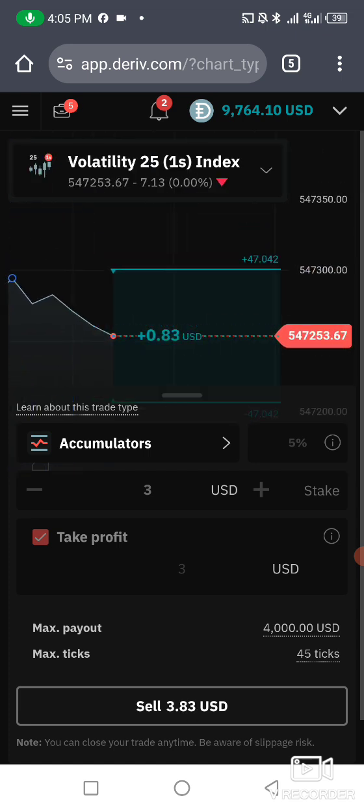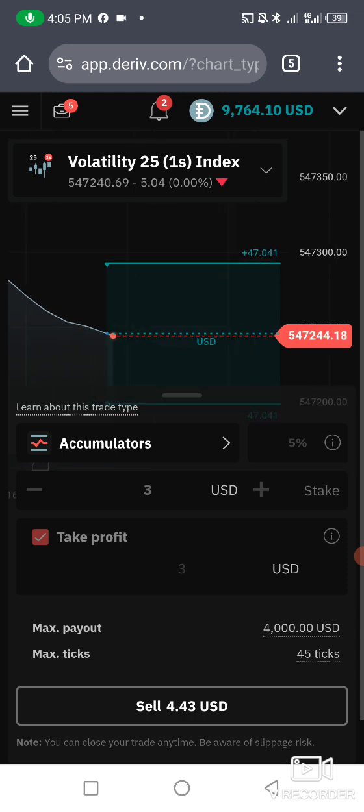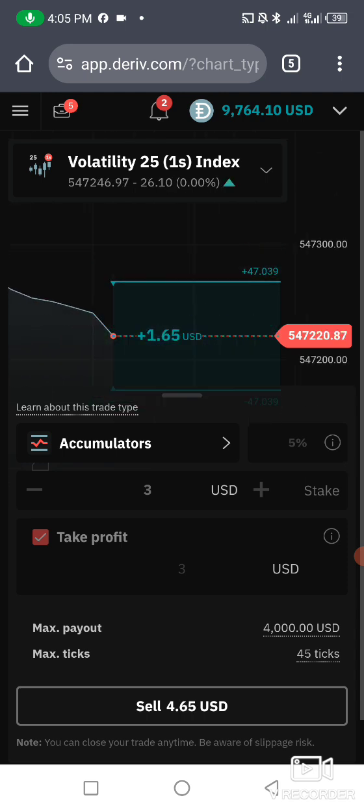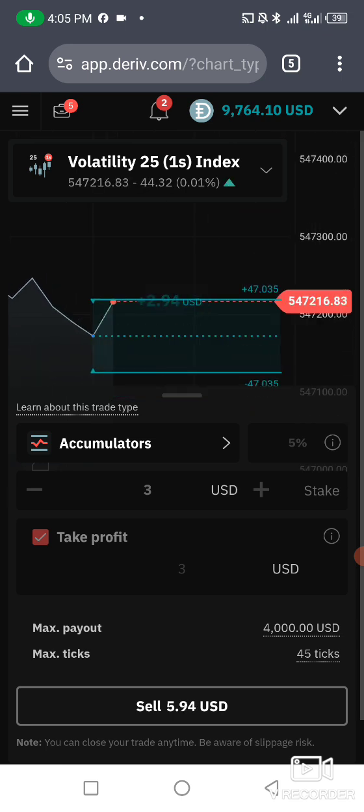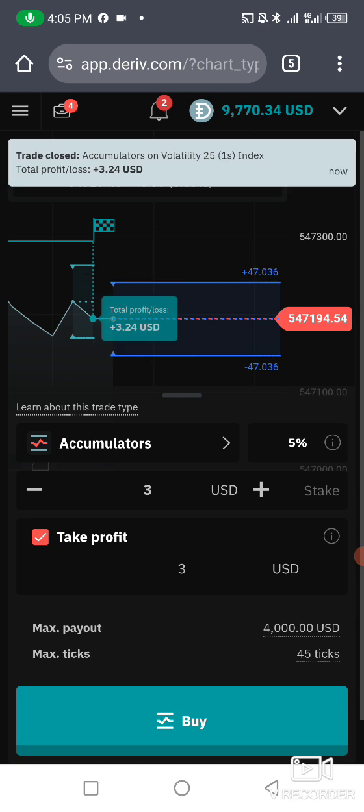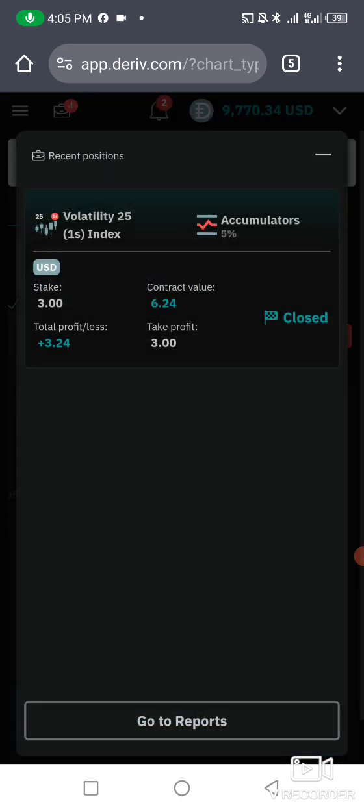You can see it's reading. Price is within the range. We are going to hit profit. We have hit profit, you can see. That's what we are saying. 100% profit made.